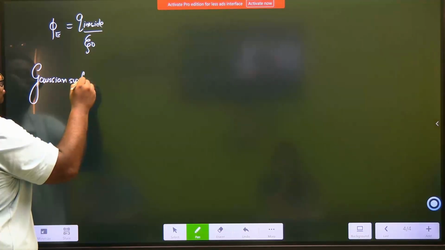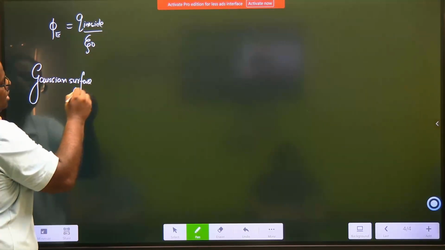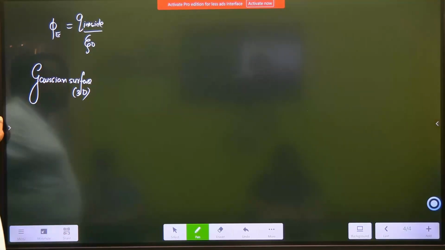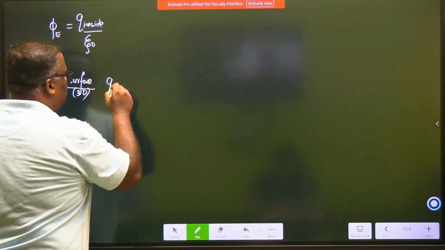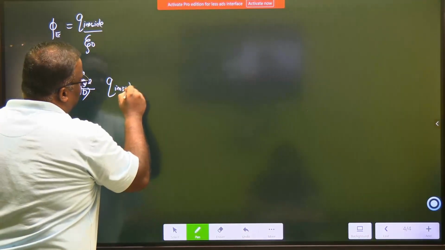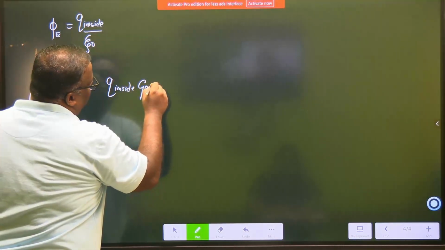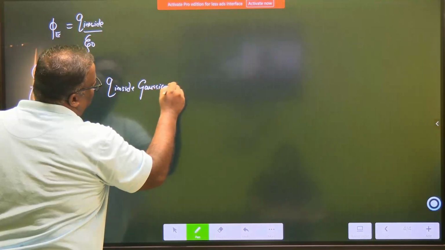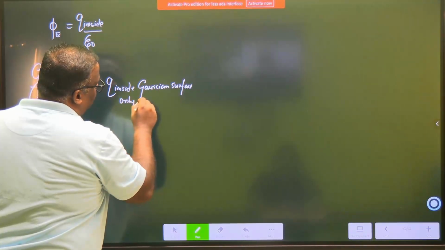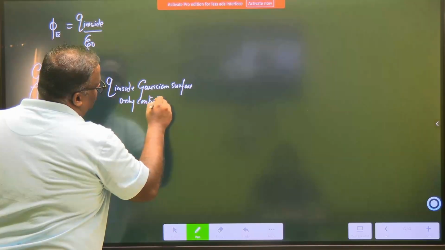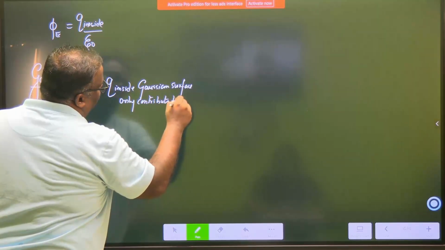And how to choose the Gaussian surface? Gaussian surface means it will be a 3D surface, a closed surface. Q inside the Gaussian surface matters. Surface only contributes to phi E.